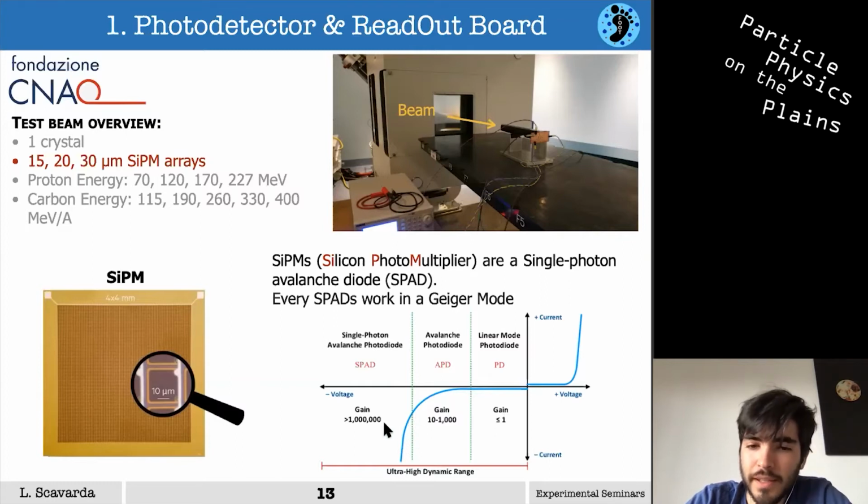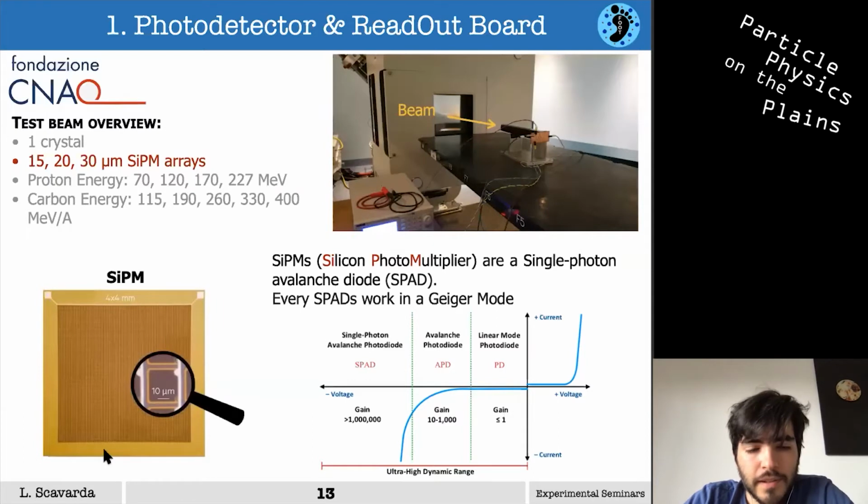So it means that the gain of each SPAD is very high because the bias voltage applied to each microcell is really high. So it means that each microcell can count only one photon in a specific time interval.